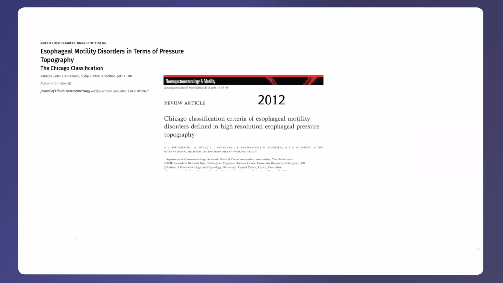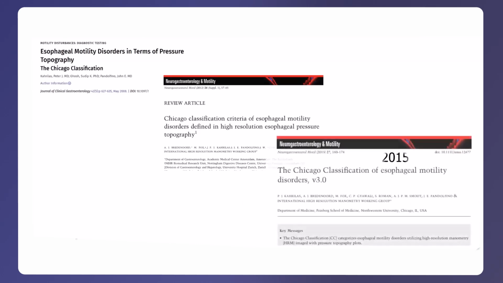major motility abnormalities. The Chicago classification was originally published in 2009 as a product of the International High-Resolution Manometry Working Group. In 2012, the working group collaborated on several articles comprising a supplement to Neurogastroenterology and Motility that later collectively became known as Chicago Classification version 2.0.